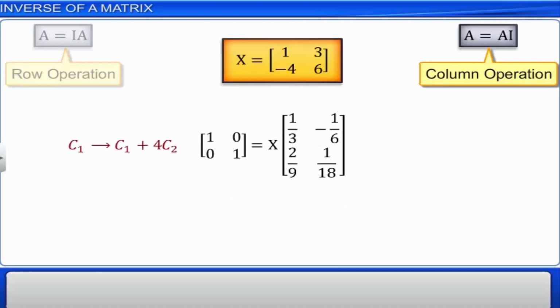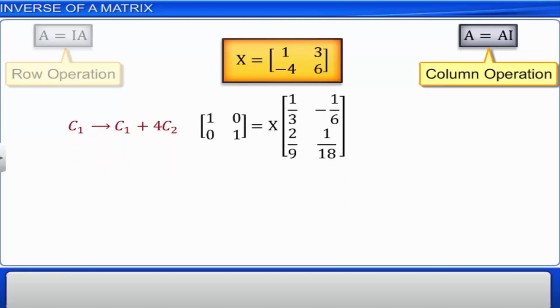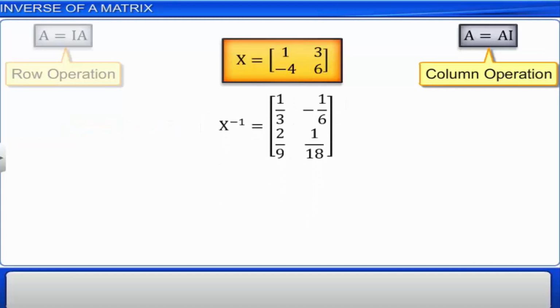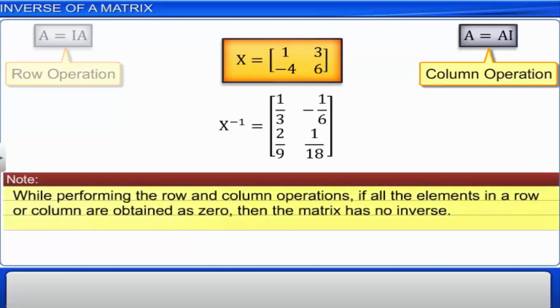Now, we have obtained the identity matrix on the left-hand side. The inverse of matrix X is as shown. It can be easily seen that the inverses obtained by either row or column operations are the same. Note that, while we perform row and column operations, if all the elements of a row or column are obtained as 0, then the matrix has no inverse.